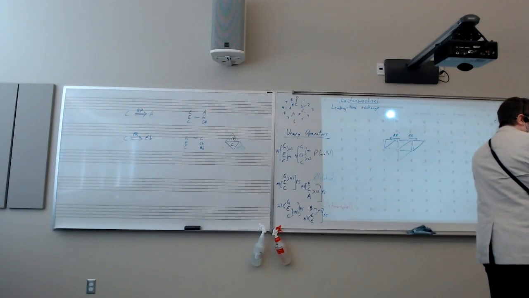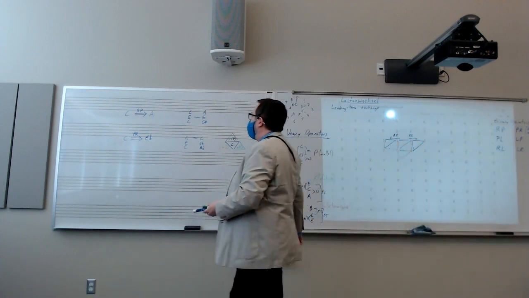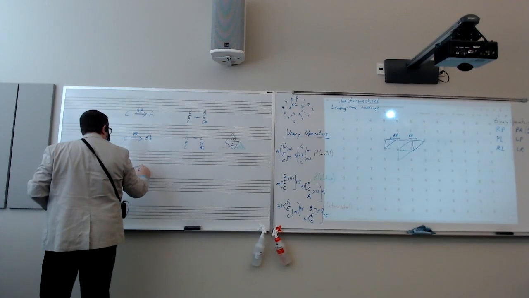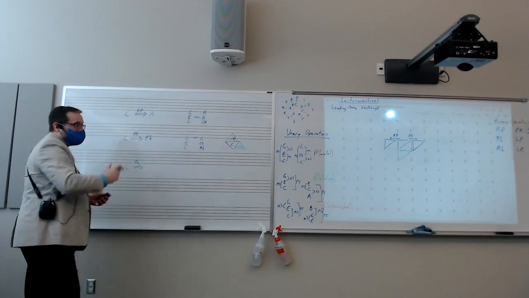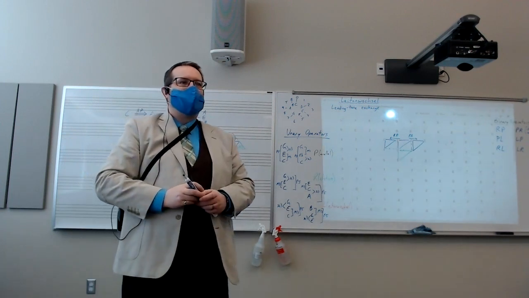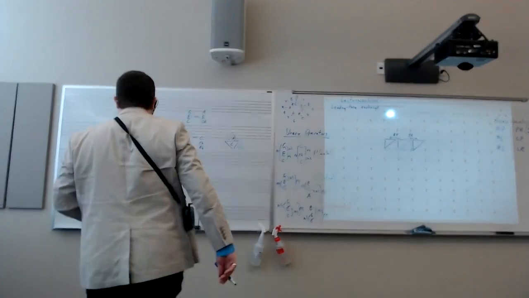I should notate this more over here so it can be seen on camera. All right, so C, if I add PL to it, it gives us what? A flat major. Yep.